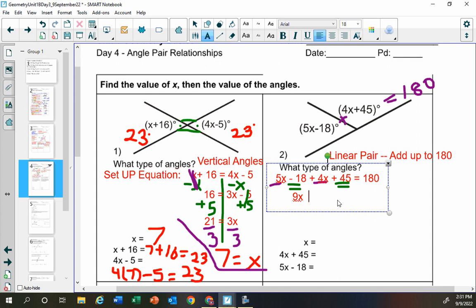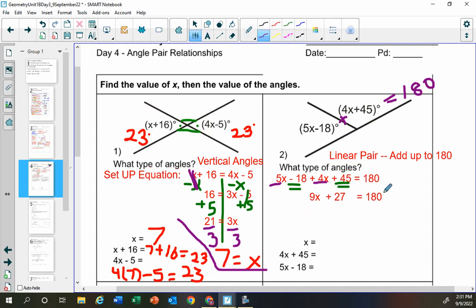So then we have a negative 18 and a positive 45. So think about it like you're buying something for $18. You have 45 in your pocket. How much would you have remaining? 27. So you're gonna minus 27.